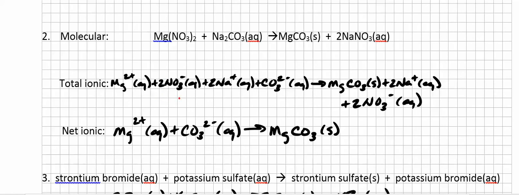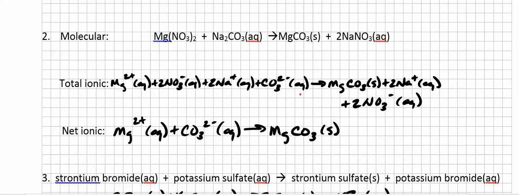Notice I keep the aqueous signs on both sides. Now how about the sodium carbonate? Sodium carbonate is going to break down into 2 sodium ions, aqueous, and CO3 2 minus, aqueous. You could have written that minus 2 if you'd liked. So now we've taken care of the left side of this double replacement.